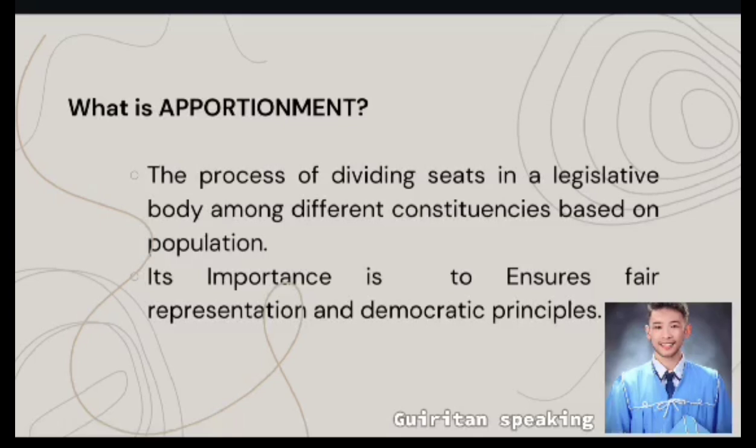Its importance is to ensure fair representation and democratic principle. Apportionment in Jefferson's method was initially established to understand demography in politics, socioeconomics, and fair representation and democratic principles.